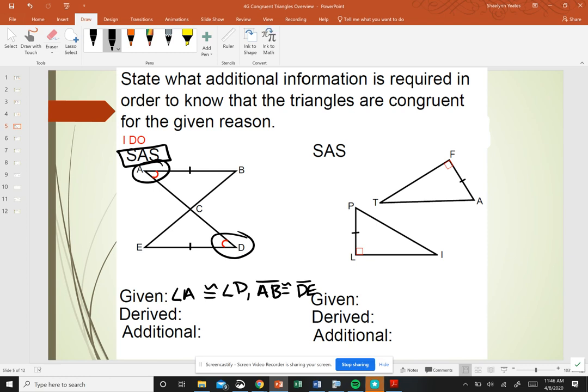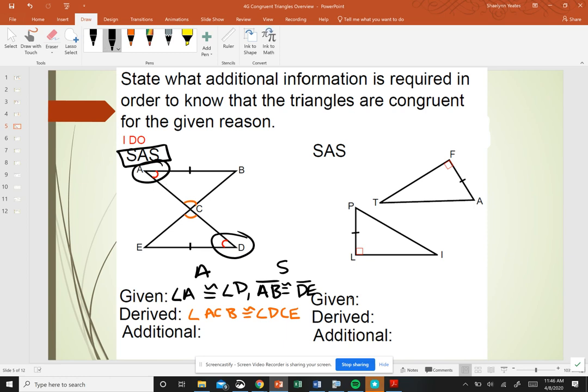All right. We can figure out if we wanted to. So we've got a side and an angle. We can figure out about this angle. So I could say that angle ACB is congruent to angle DCE. But that doesn't help me much because I need another side. So I have a side and an angle, but I need the other side on the other side of the angle. So I need this one here.